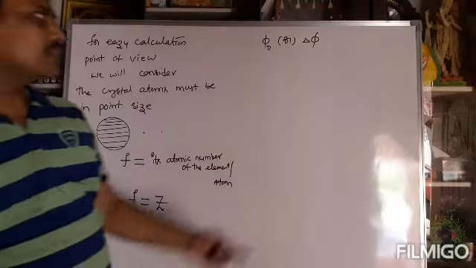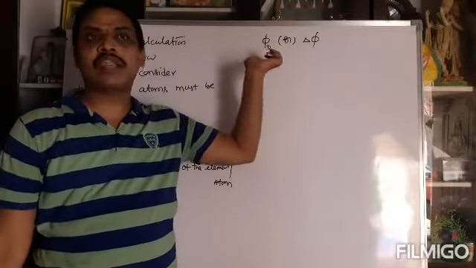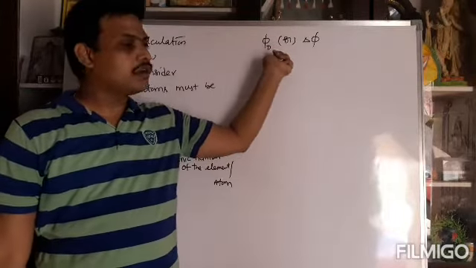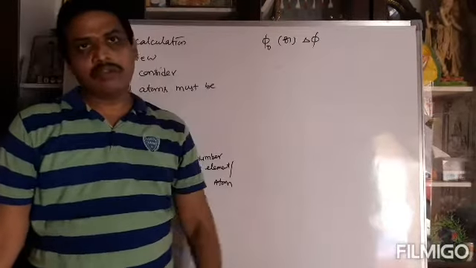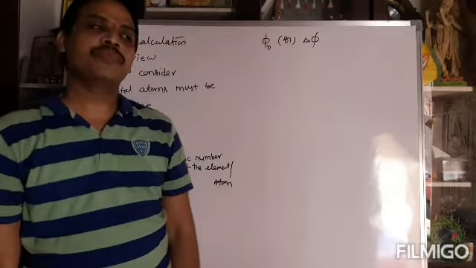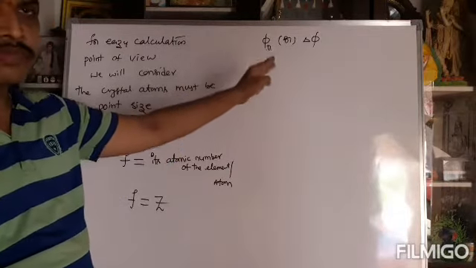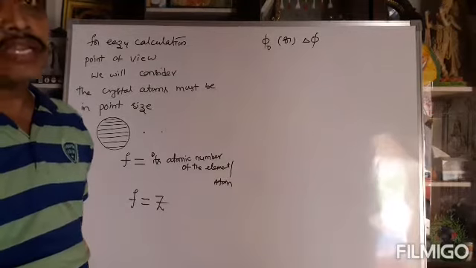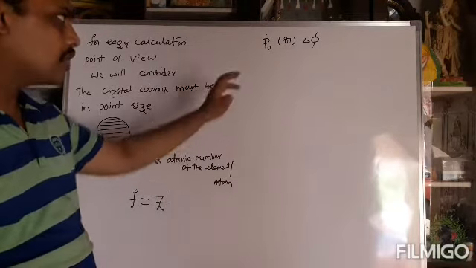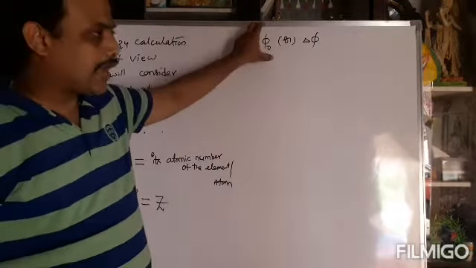Here I am considering the phase difference between scattered and incident X-rays as pi naught. So pi naught is the phase difference between the scattered X-rays, and in that way you calculate the pi naught value.